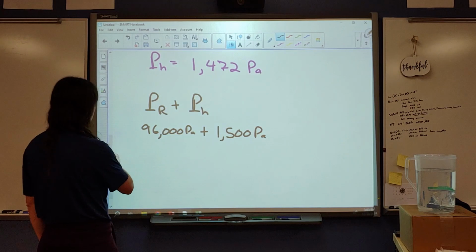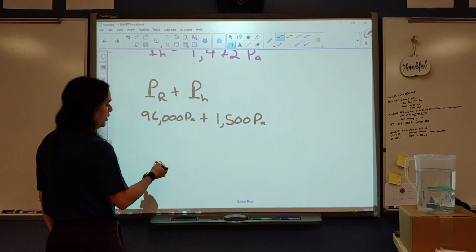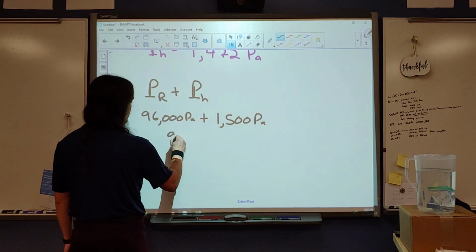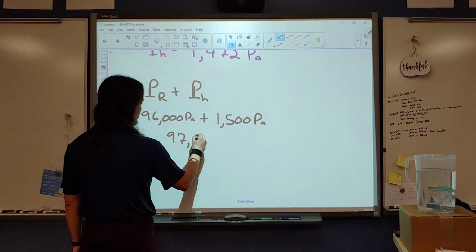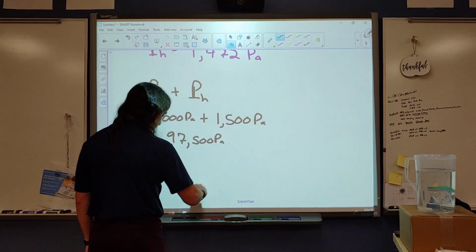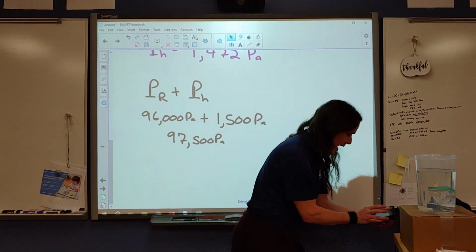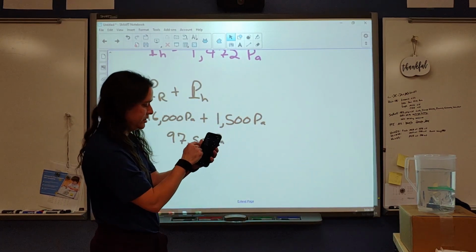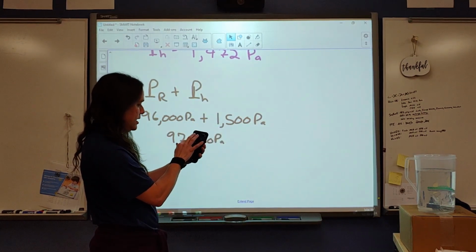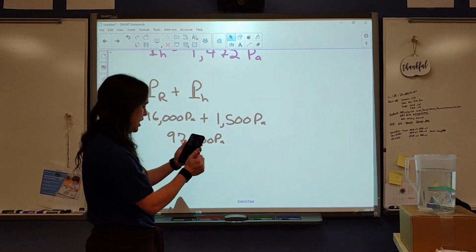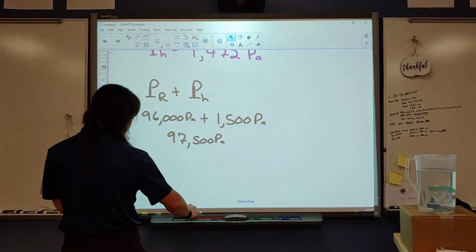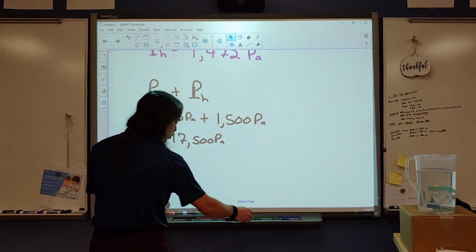In this case, I don't think that we have more than 2 significant figures worth of precision on this. So we would end up with 97,500 pascals is what we would predict. Right now, I have a reading of, you may not be able to see it, I'm not even going to try, but 97,300.6. So we've got our actual reading.